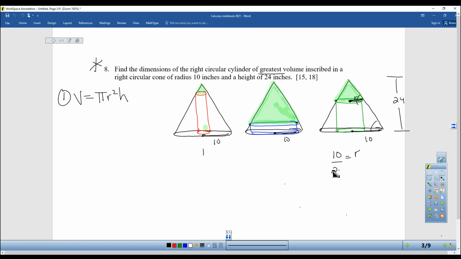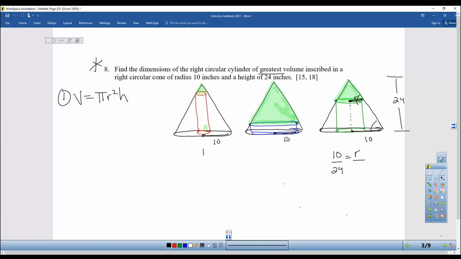And then 24 is going to be the height of the cone, but it's not going to be the height of the cylinder. This cylinder height is not going to be real. It's not similar. What's similar is the green triangle above. Think about it. Look at this green triangle and then look at the big one. Aren't they the same?